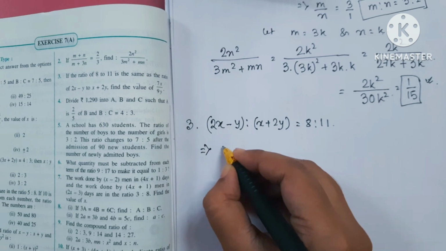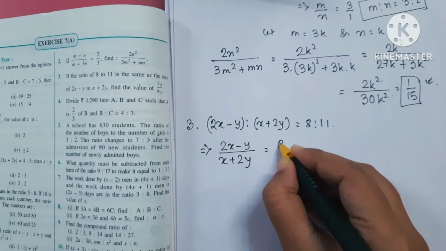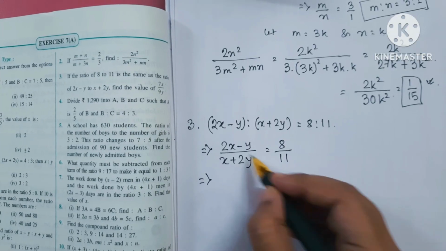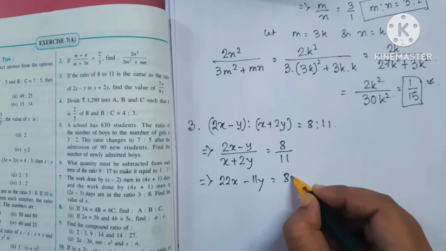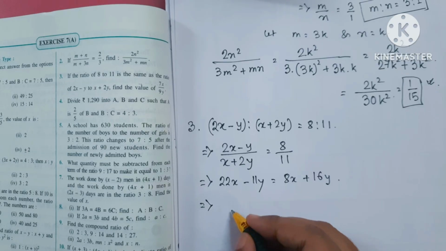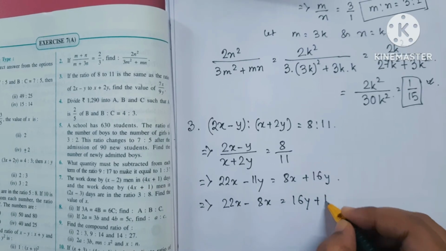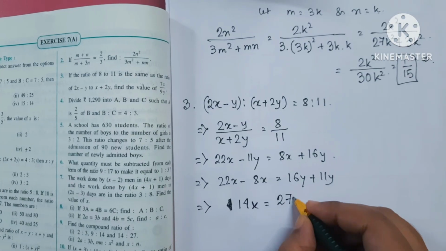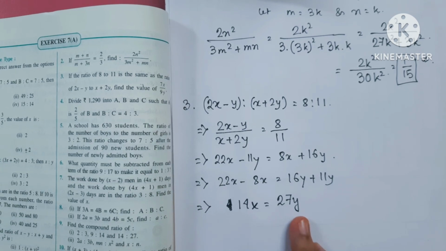So you will get 2x minus y by x plus 2y is equal to 8 by 11. Now if you cross multiply, you will get 22x minus 11y is equal to 8x plus 16y. So now 22x minus 8x is equal to 16y plus 11y. So you will get 14x equal to 27y.